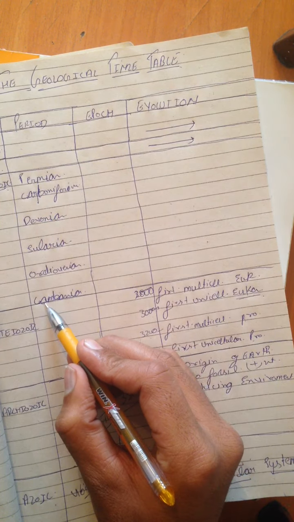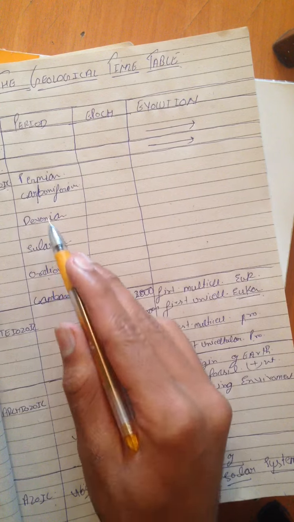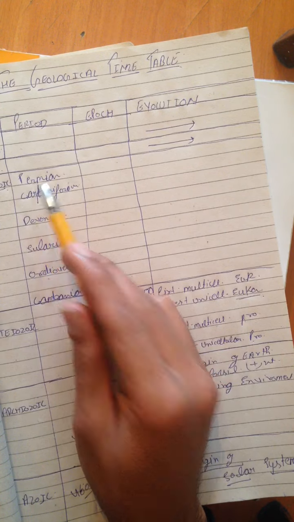We have to remember Cambrian, Ordovician, Silurian, Devonian, Carboniferous, and Permian.